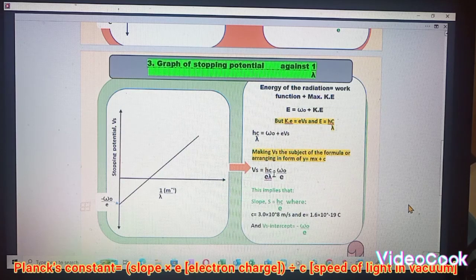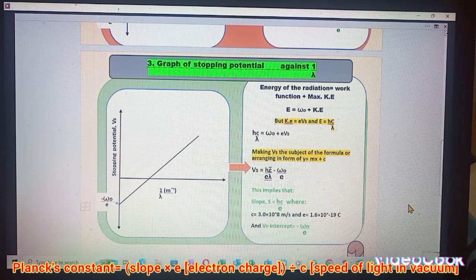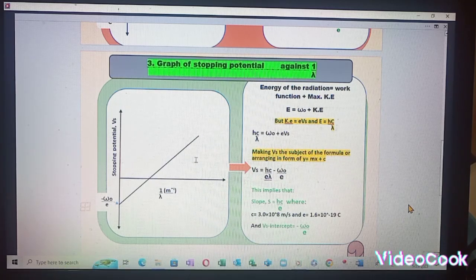And that means the slope represents hc over E. Remember, C and E are constants, because C is the speed of light, and E is the charge of an electron, which are all constants.